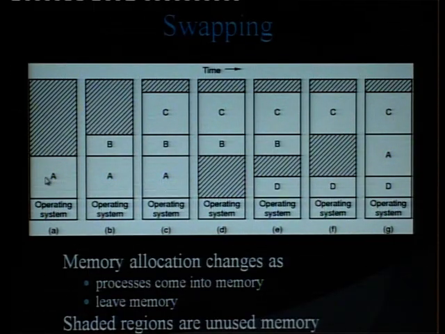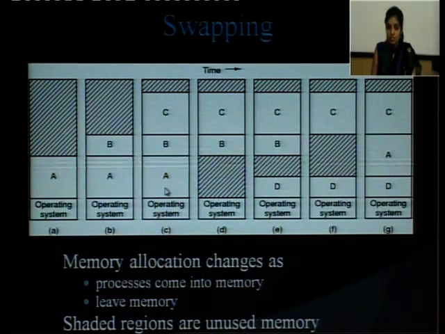A enters and occupies its space, B enters and occupies its space, C enters and occupies its space. In that case, suppose D enters and the space is not enough for D. Then D will replace the process that came into main memory first.